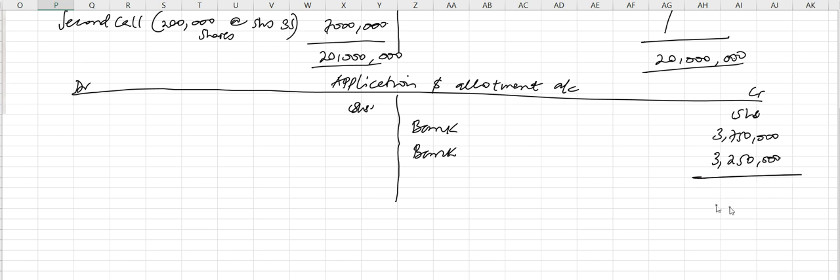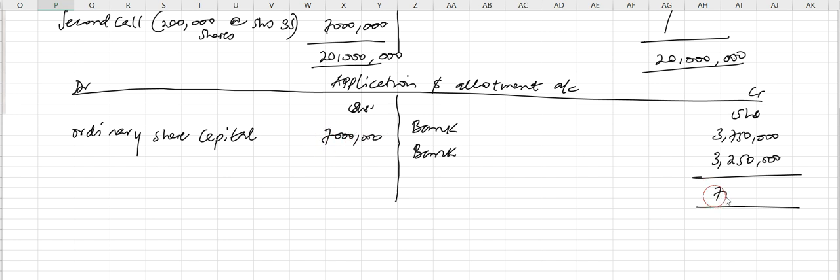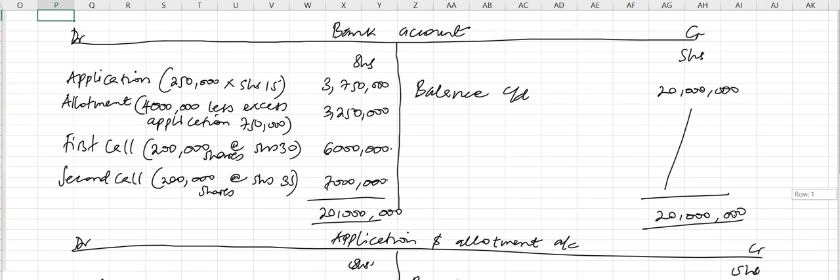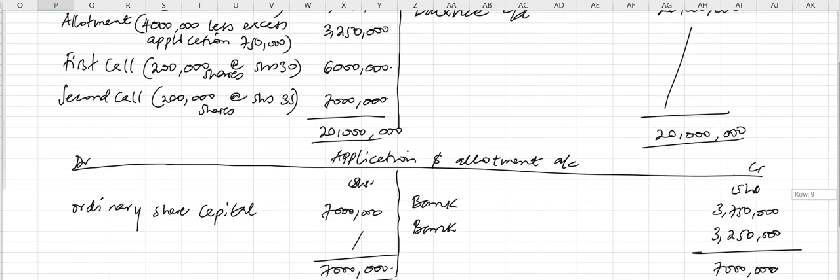You can balance this account, and the balancing figure is going to be taken to the ordinary share capital account, and that is 7 million. That's the application and allotment account.